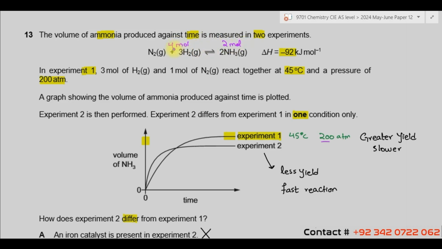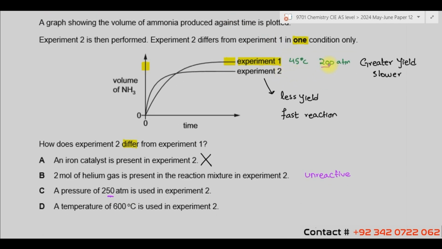So when pressure is increased, the equilibrium moves in the forward direction from more moles to less number of moles. So yield of ammonia should be more. So as compared to 200 atmosphere, if we use 250 atmosphere, the yield of ammonia should increase, but there is less yield. So this is wrong.